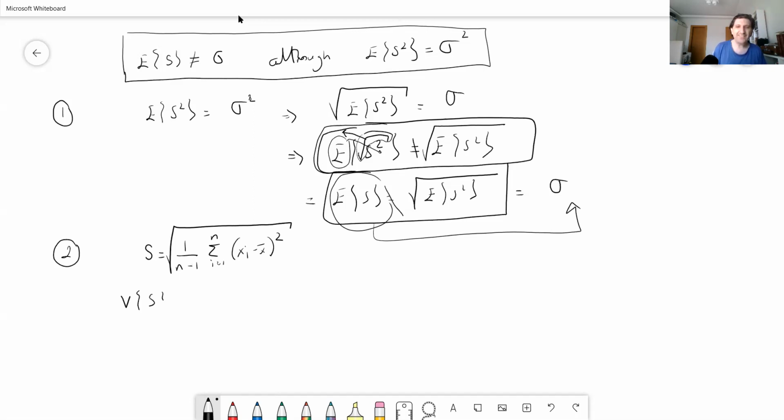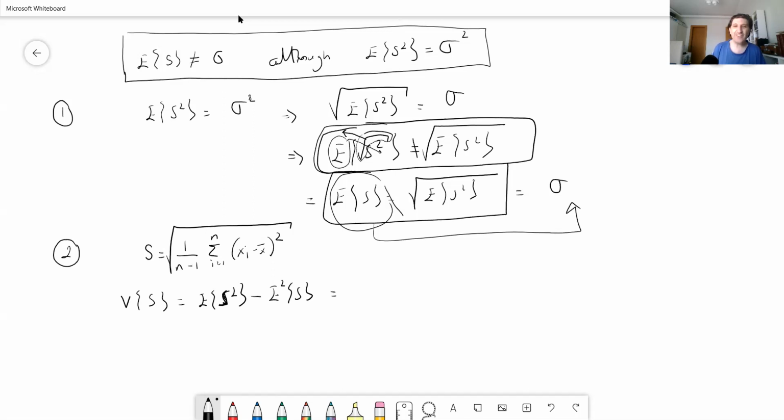If I take the variance of S, it means from sample to sample, how the sample standard deviation S would change. This is going to be equal to expected value of S square minus the square of expected value of S. This is just the definition of variance, all right?